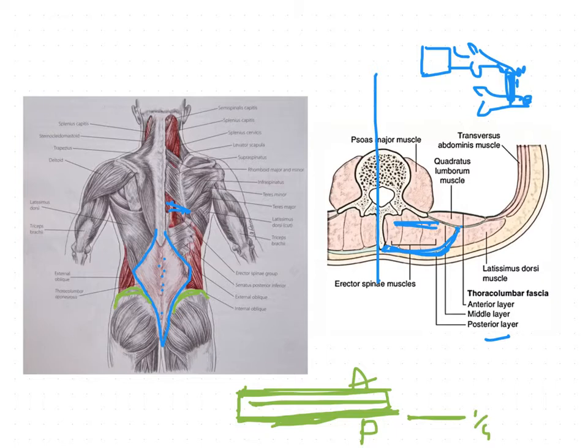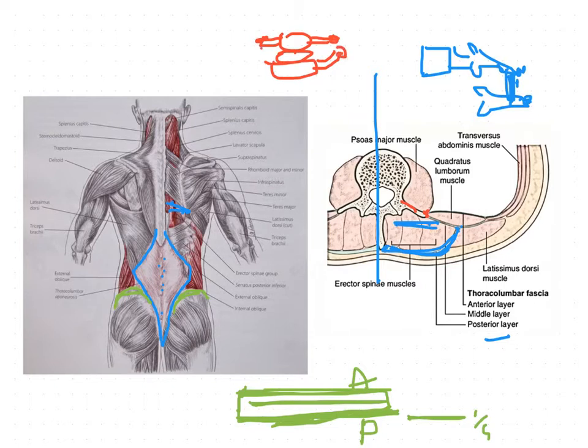So here you can find the tip of the transverse process. This is the transverse process. If you can see all the lumbar vertebrae, for example, these are the tips of the transverse processes. And here you can find the intervertebral disc, and again you can find the transverse processes.